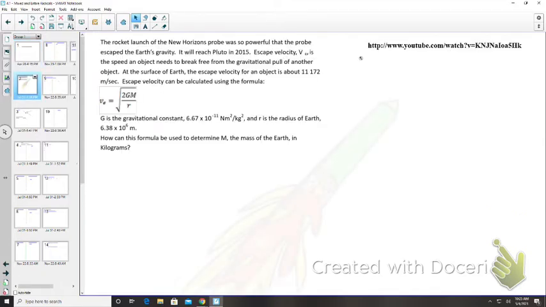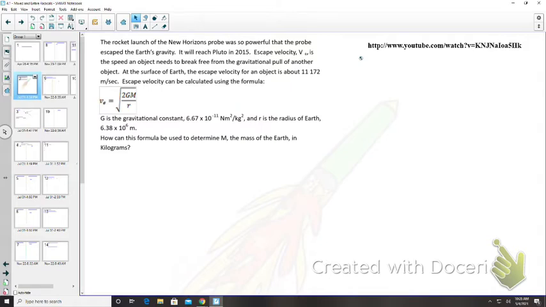Okay, so this formula that you see right here, this is the escape velocity needed to escape Earth. The related and important variables there: mass of the planet, and this formula can be used on any planet or any star, except you're not going to really be on a star, right?